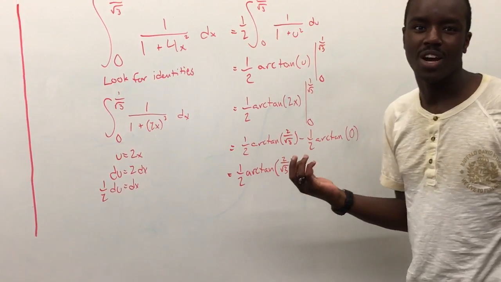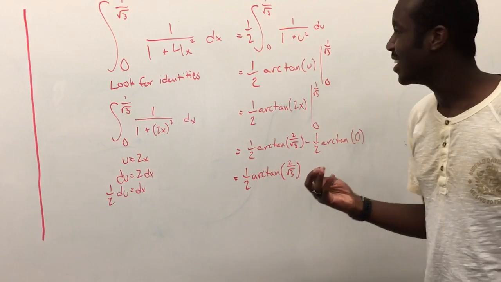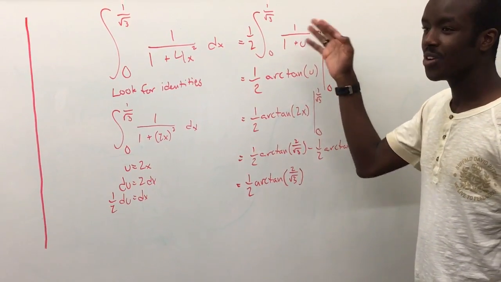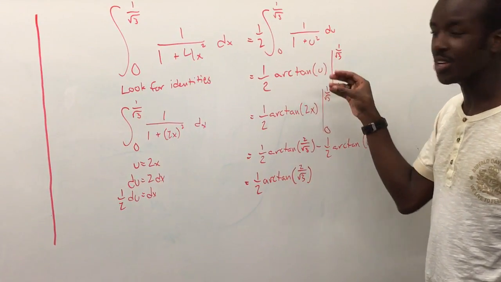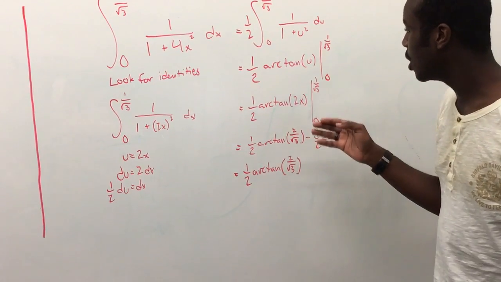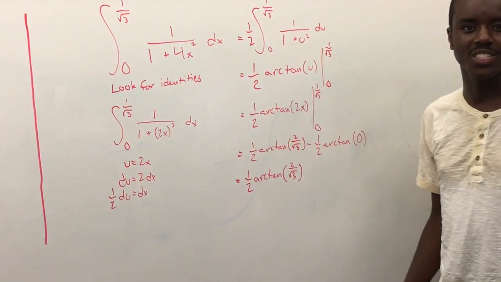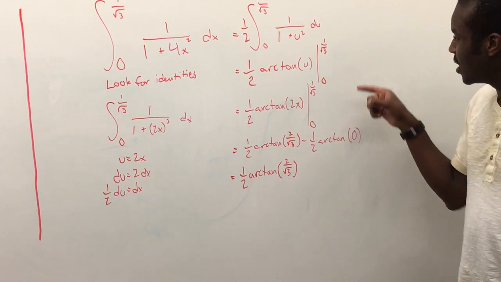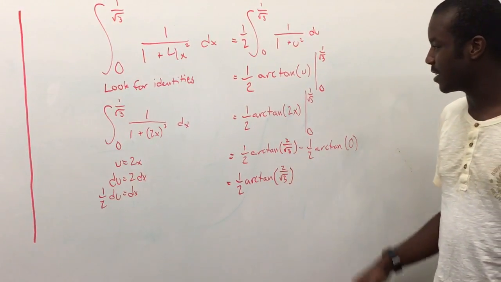Now, if you watch some of my other videos, you'll know that 1 over 1 plus u squared is just the derivative of the arctangent. So when we take this integral, we'll get 1/2 of arctangent of u from 0 to 1 over square root of 3.